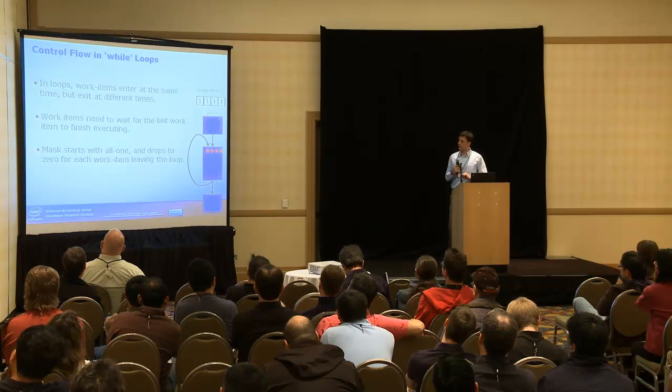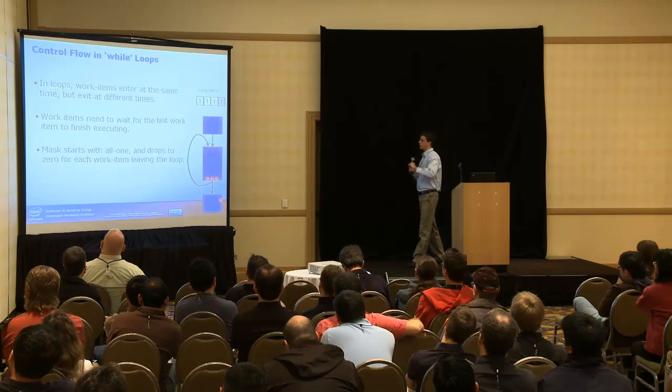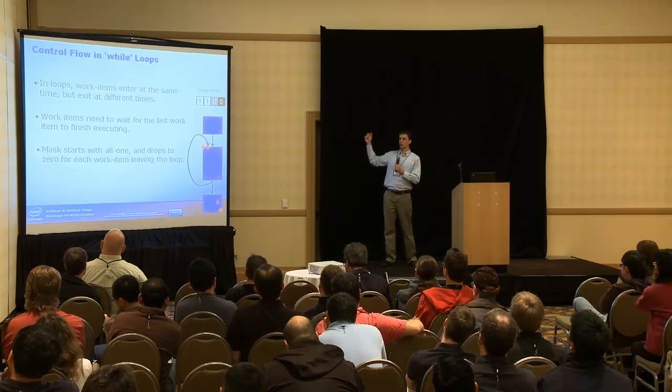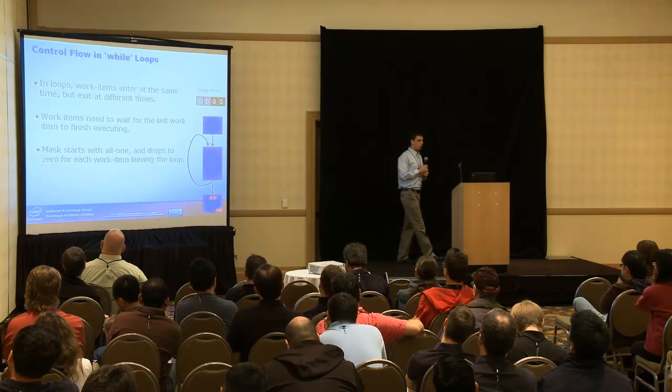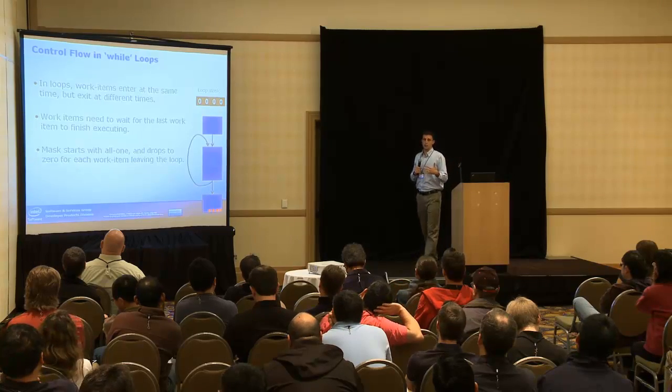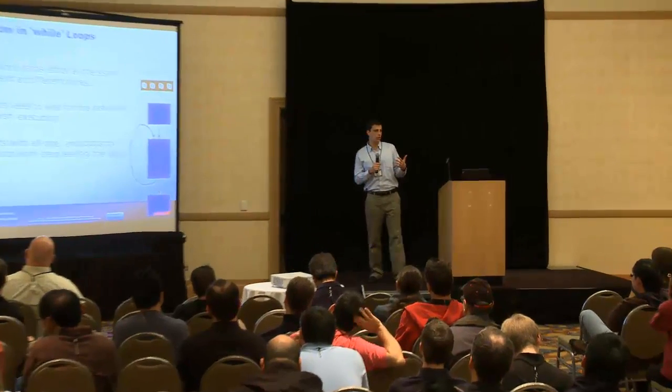So let's look at the loop mask. All of the work items enter at the same time, and every time a work item leaves the loop, we need to change the loop mask. All of the instructions inside the loop need to operate using this mask. So if we have a load or store operation, then it only needs to happen if the mask is active.